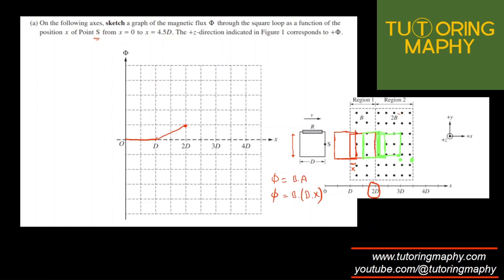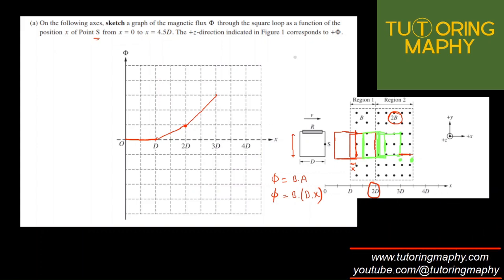The magnetic field is exactly 2 times, so to be more precise, the slope should just be double. So at 2D, it should tilt upward toward a steeper curve. So I think it should go something like this. There should be an evident tilt over here, which is more steep.